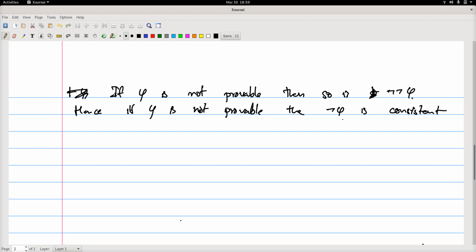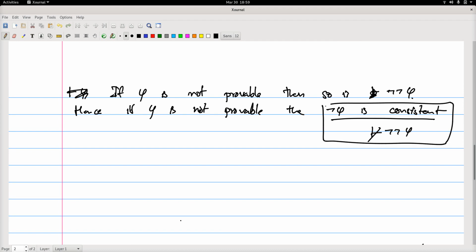Recall that not phi is consistent precisely when, equivalently, not phi is not provable. So that's the reason why not phi is consistent. So by Henkin, now we assume that the Henkin property is true. By the Henkin property of the proof system, since not phi is consistent, not phi is satisfiable.